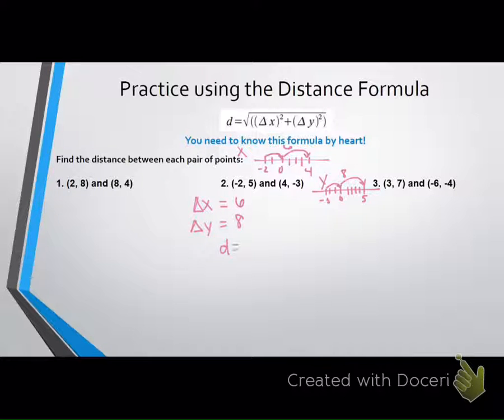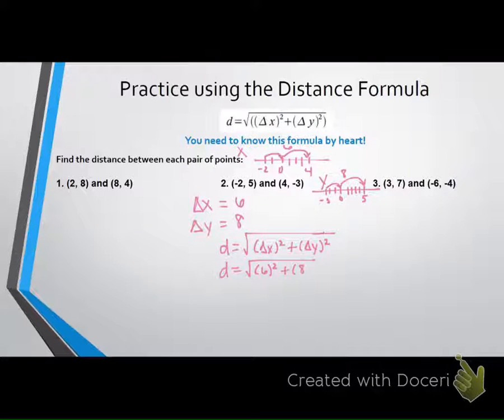So distance equals the square root of the change in x squared plus the change in y squared, taking the square root of all of that. So we substitute in. So that's 6 squared plus 8 squared.